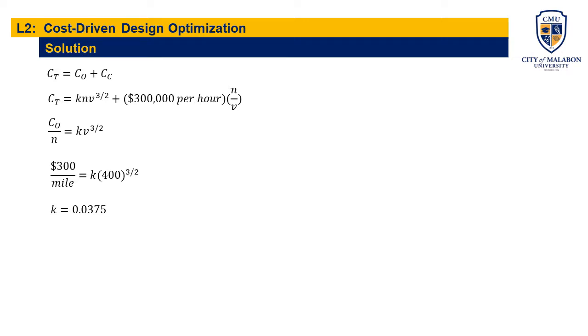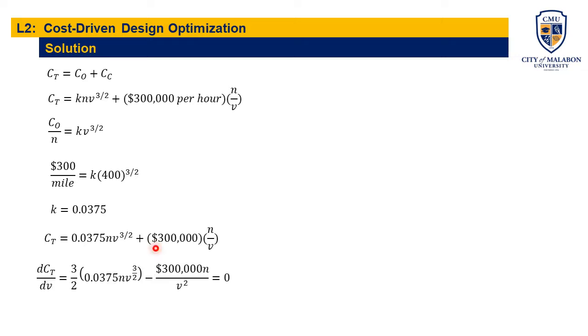Therefore, if we substitute the value of K in our total cost, we now have the equation of the total cost equal to 0.0375 N V to the 3 halves plus 300,000 times N over V. This will be our model for this particular problem.